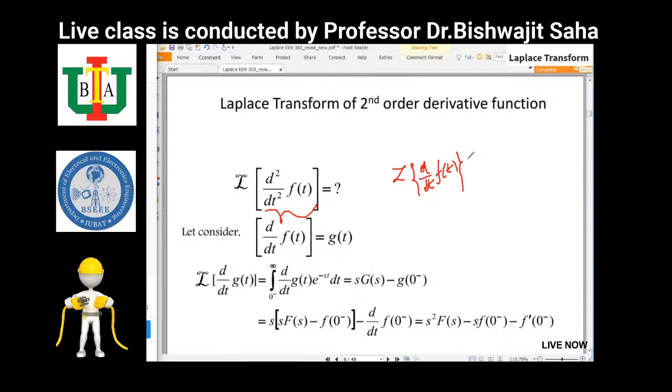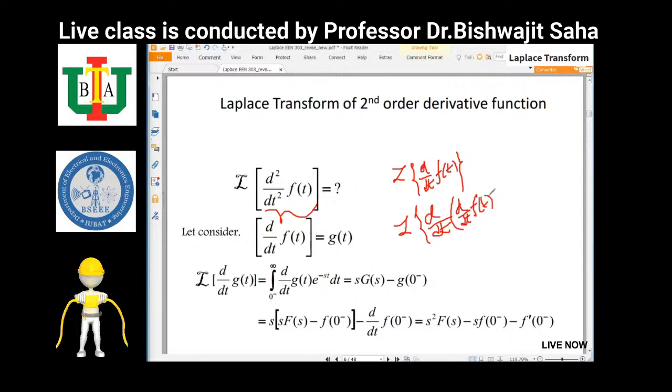So we are considering finding Laplace of d square by dt square f of t.